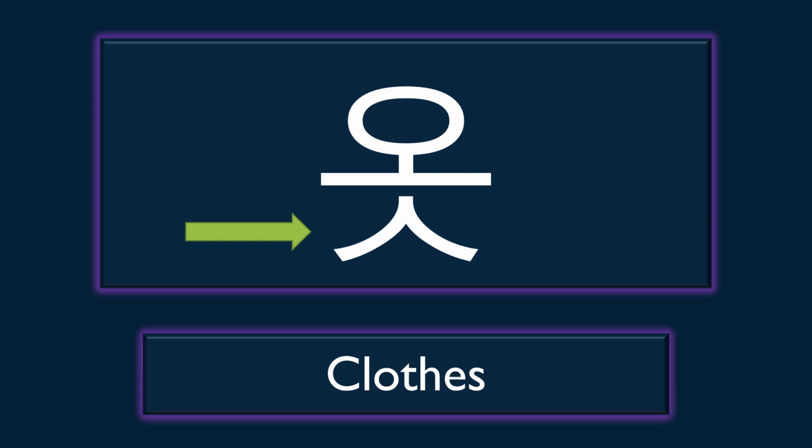I know we should read it with its S sound, but because it is a batchim, which is the consonant that is found in the final position of the syllable, its sound becomes T. Don't worry, we will talk a lot about the batchim later. One more time. Ot.